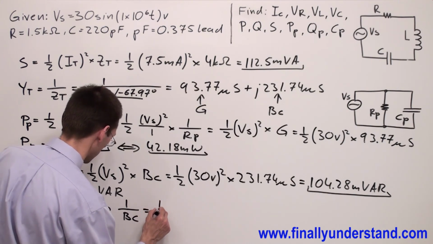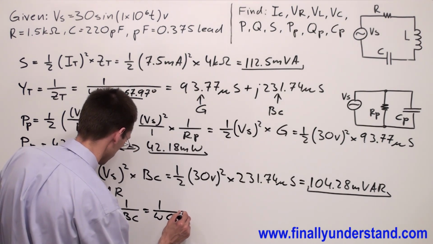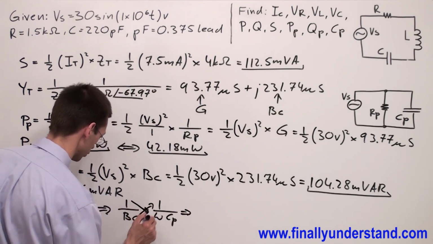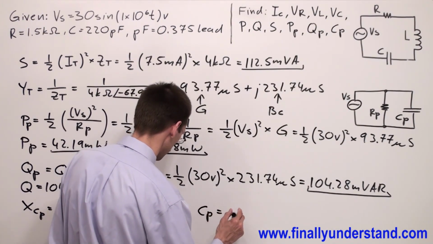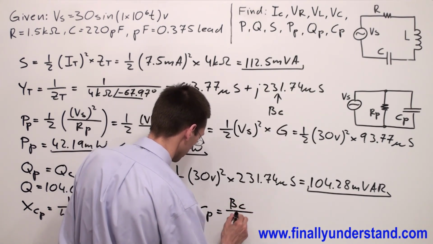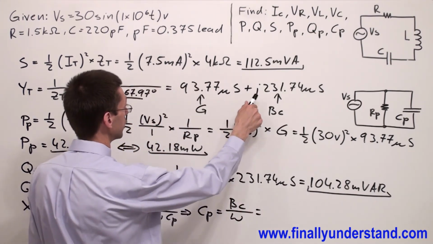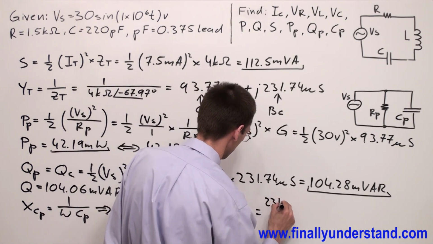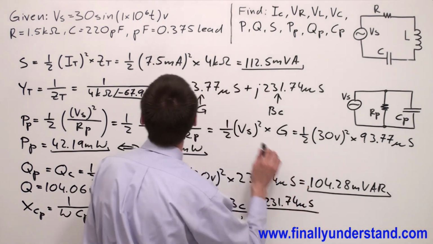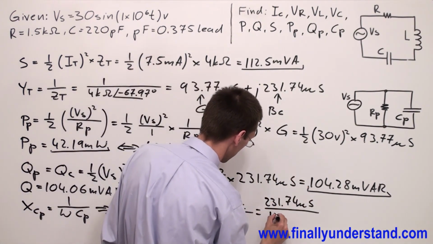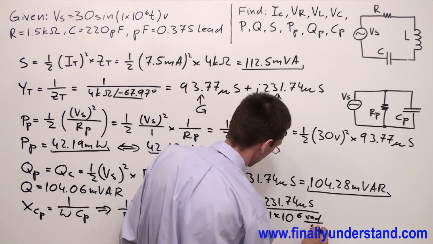So this is equal to 1 over omega Cp. If you are going to use algebra, of course you're supposed to cross multiply. You are going to find out that Cp is equal to Bc over omega, where Bc is equal to 231.74 microsiemens over omega, 1 times 10 to the 6th radians per second.